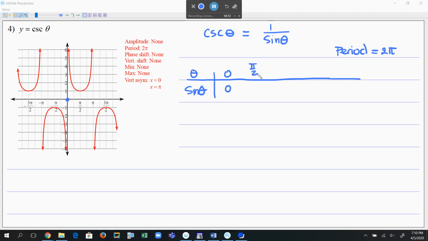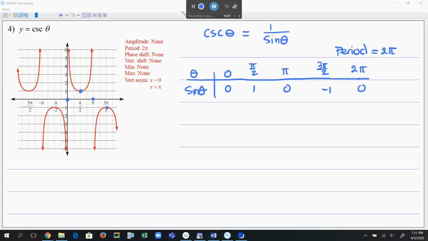Sine of 0 is 0. Sine of pi over 2 is 1. Sine of pi is 0. Sine of 3 pi over 2 is negative 1. Sine of 2 pi is 0. So one complete period of the sine graph will look like a curve, like an ocean wave.